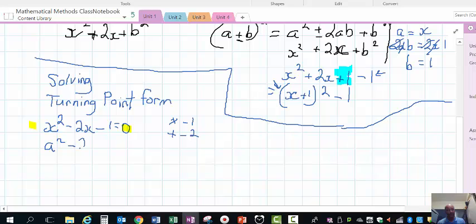Remember, we want the form a squared minus 2ab plus b squared, based on what we saw above there, for the expansion of a perfect square. So if we go with that, that would mean that a squared equals x squared.